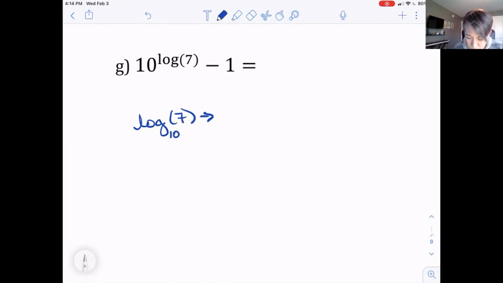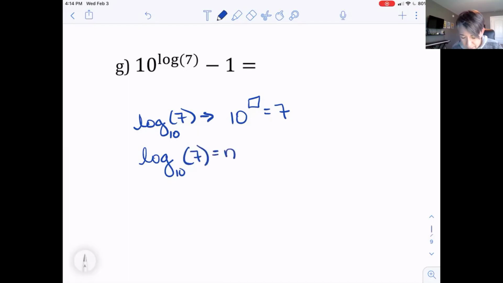What this equals is 10 to that exponent should give us 7, whatever that exponent is. Well, we don't know what that is. So what we can do is define it as, let's say, an n. Log base 10 of 7, or the common log of 7, equals some number n. That's the exponent.